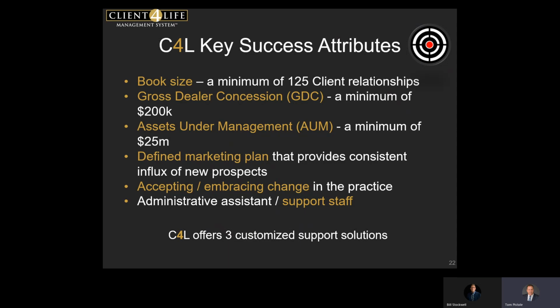Obviously, our system does well when it has names to message to. Again, we're not bringing you fresh names. What we're doing is helping you more effectively manage and leverage the names that you have and that you bring into your system. And ideally, you have some administrative support. Those would be the criteria that we feel are probably most indicative of success or big success in our program.